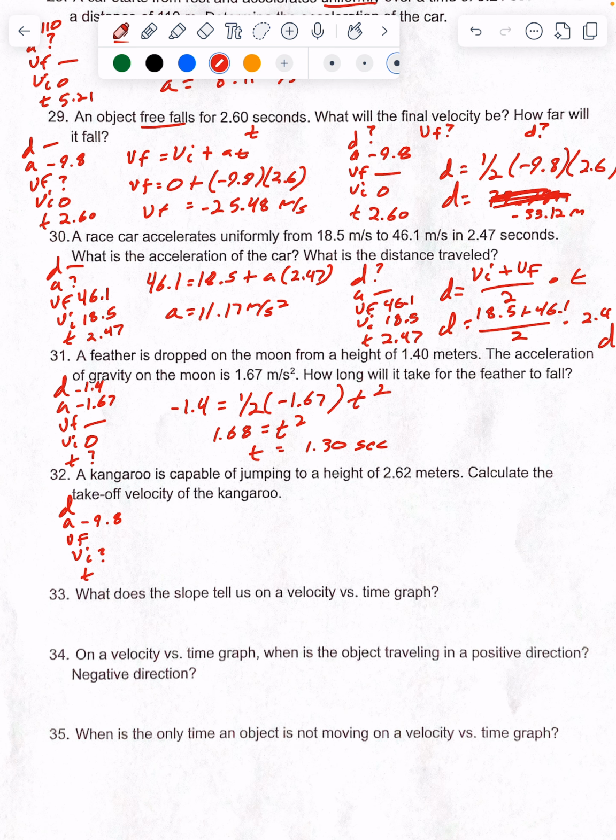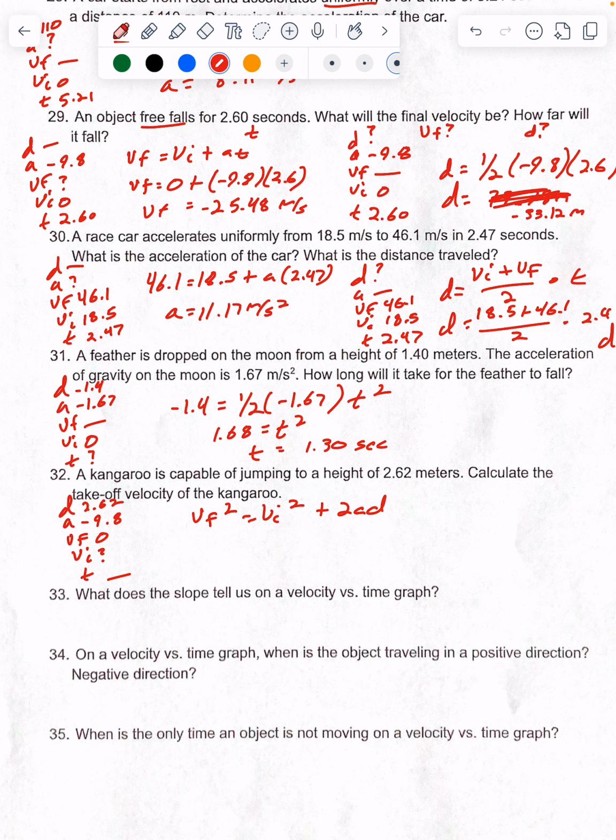Now, when you throw something up in the air or the kangaroo jumps to its max height, what is your velocity at the max height? 0. Because when you reach the top of your jump, you stop and then come back down. So VF is 0, and my distance was 2.62 meters. So T did not matter. Equation number 5: VF squared equals VI squared plus 2AD.